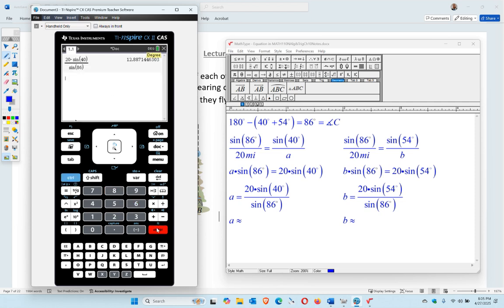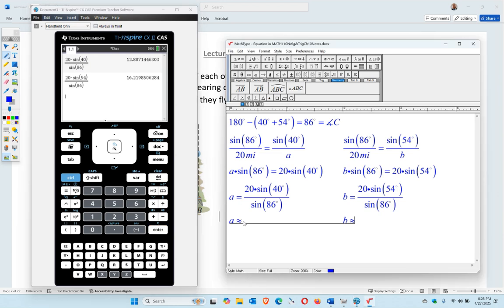All right, so we get 12 point something there, and we'll copy this because it's pretty similar. Just need to change this to a 54. Okay, so 12.88, and then 16.22.